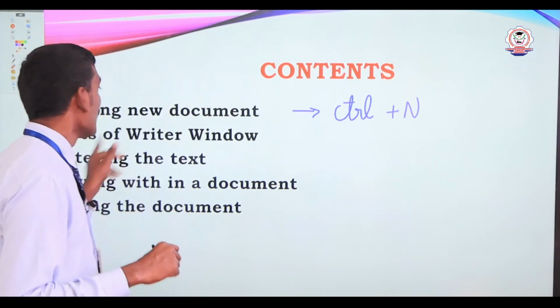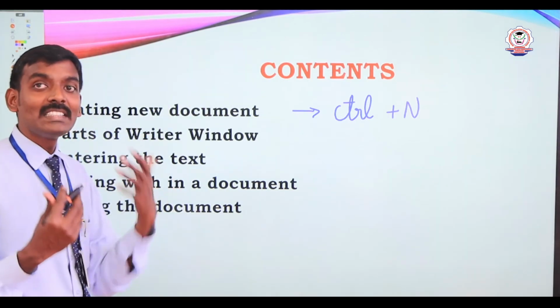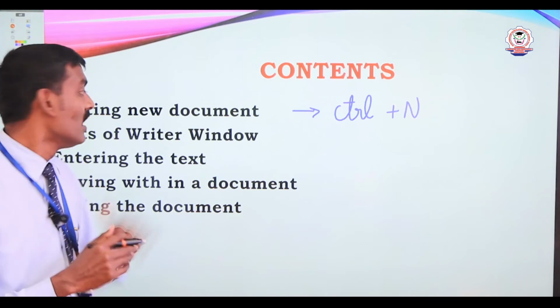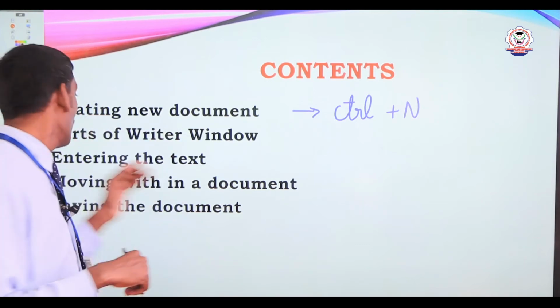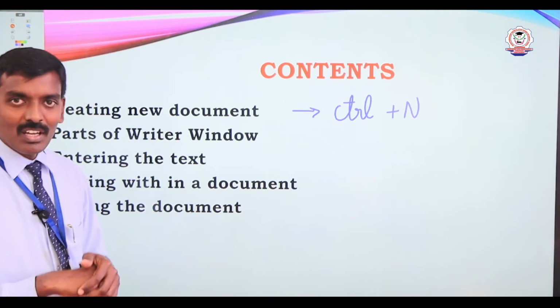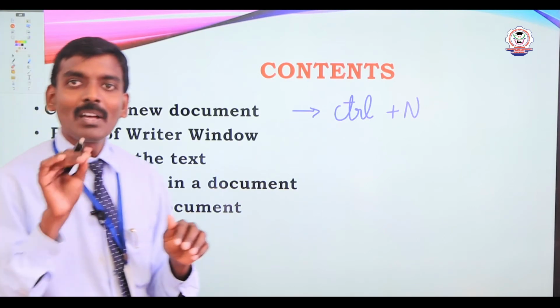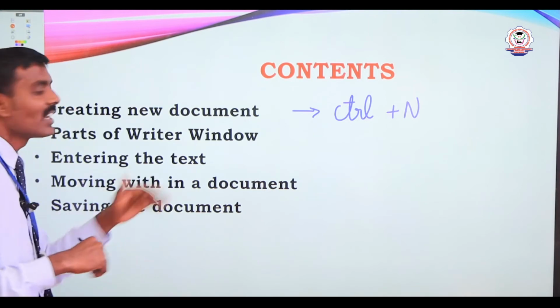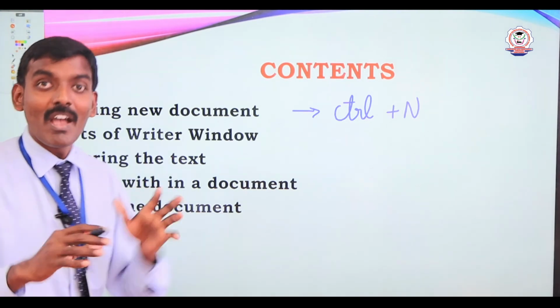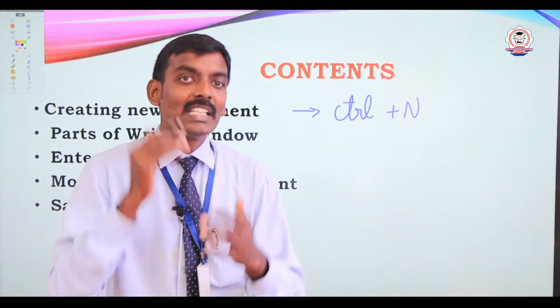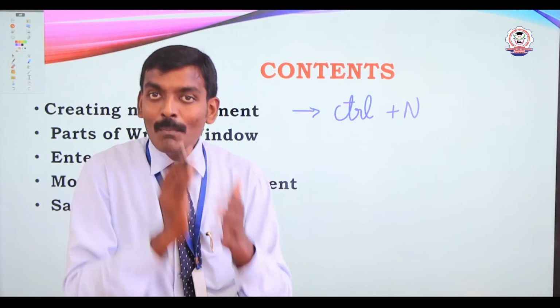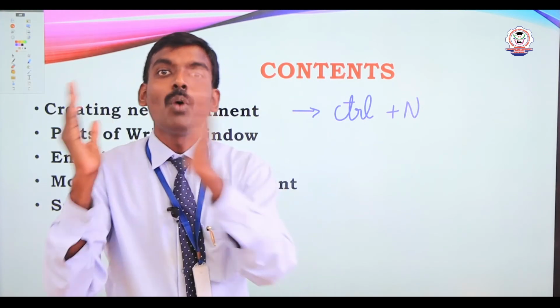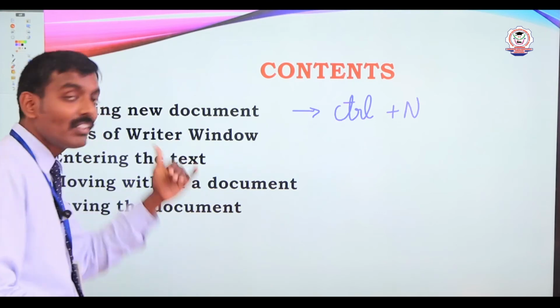And what are the elements present in the Writer window, and next entering the text, how we can type some content in that Writer window, and moving within a document. Moving within a document means the insertion point will be moved from one place to another place.